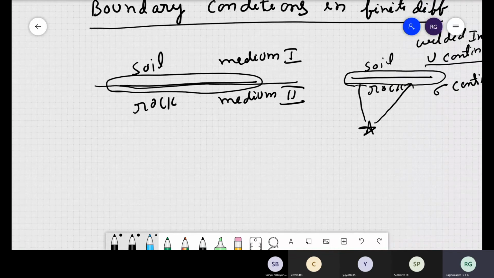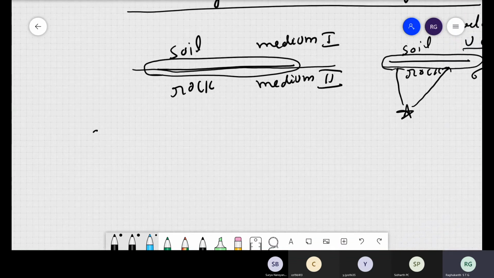So this is very easy in our finite difference. We do like this. For example, we write phi minus of x, k minus of x, and psi minus of x.